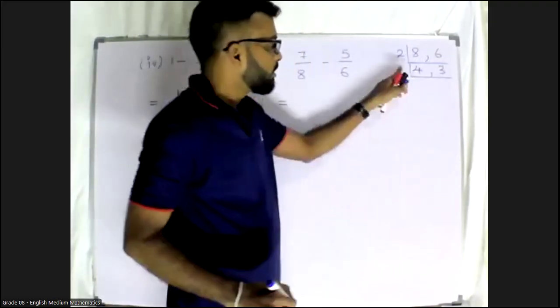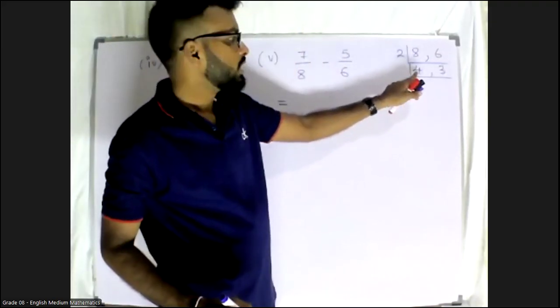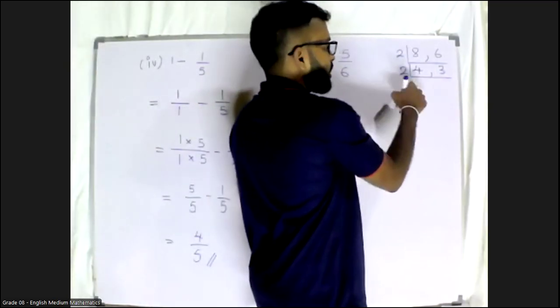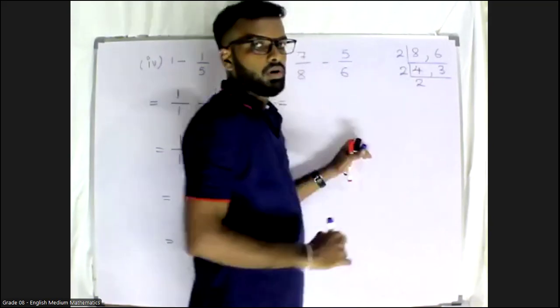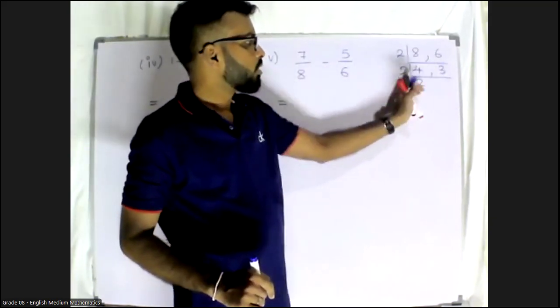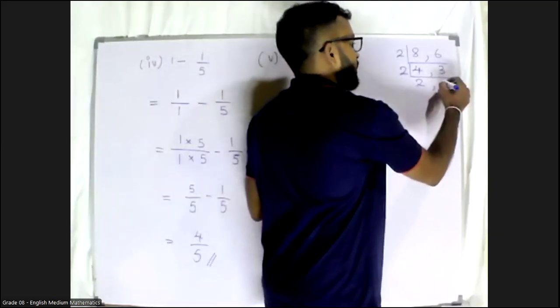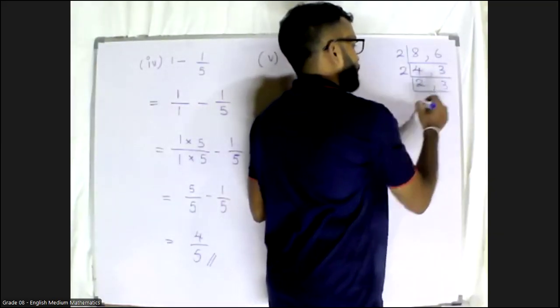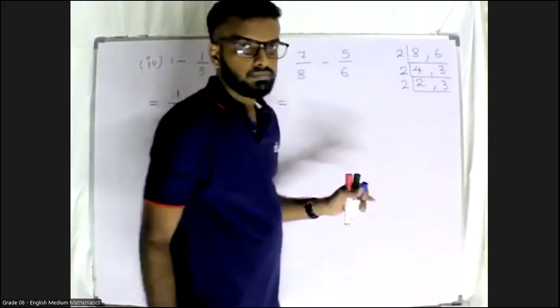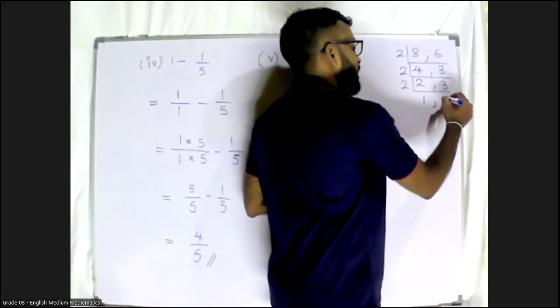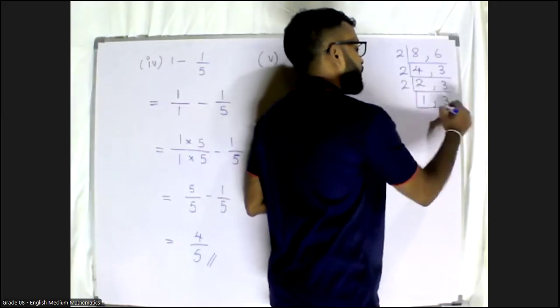And now again you can use 2, because here you have 4. 2 times 2, 4. And there is no 2 for 3, so I will rewrite it like this. And again you can use 2. 2 times 1, until you obtain 1 at the end, you have to divide.